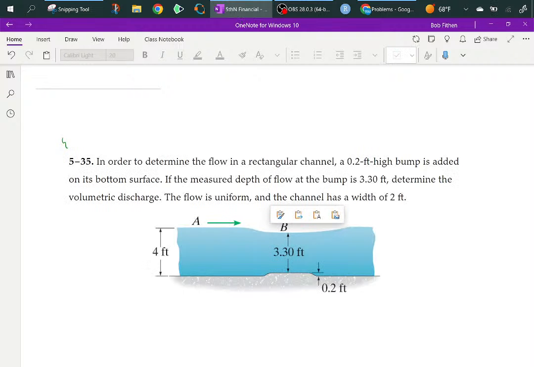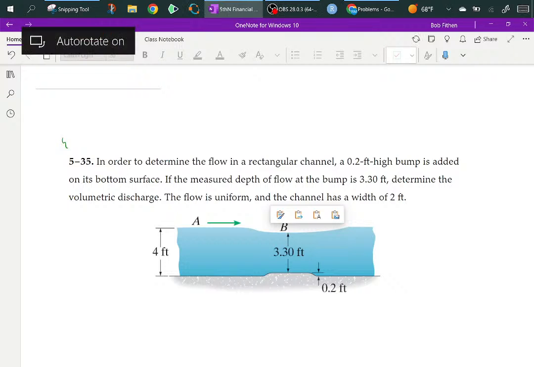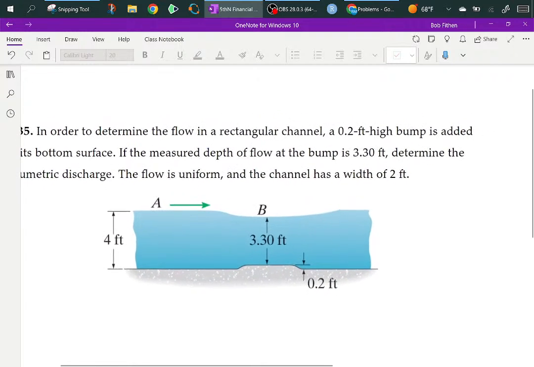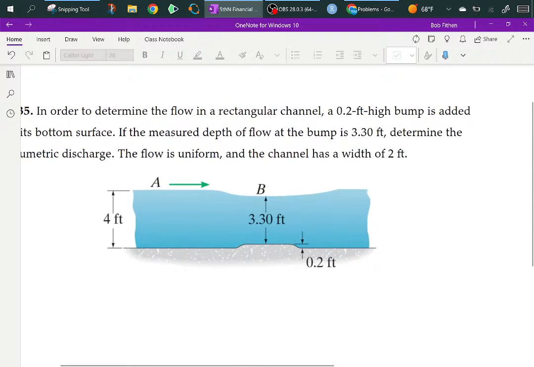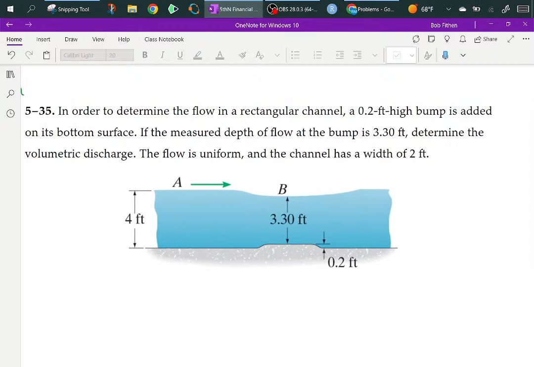Okay. So he told us the bump height, and he told us the other thing. This is weird. Here we got A, we got B. If I went up 0.2 and then up 3.3, that should be 3.5, right?